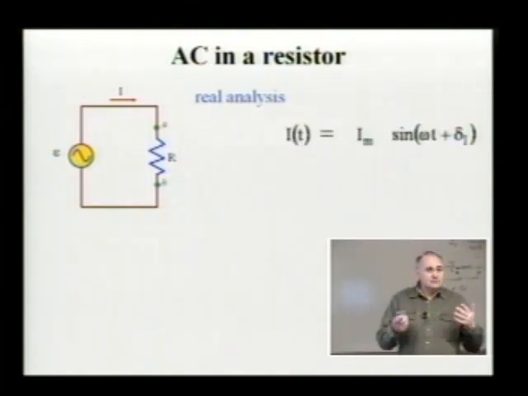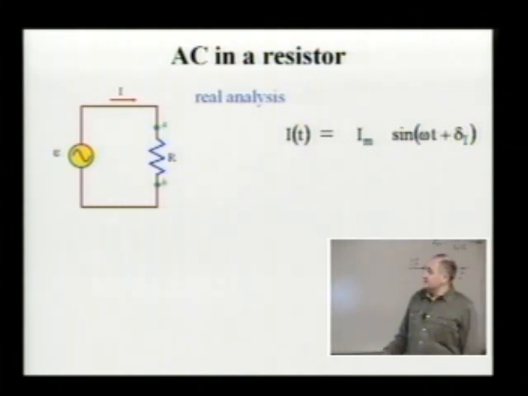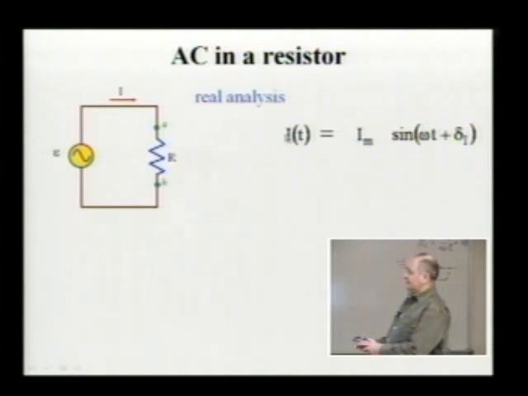In a resistor, current and voltage are always proportional to each other. So if I take a sinusoidal current, it will be peak value of the current multiplied by sine of angular frequency times time plus initial phase of the current.